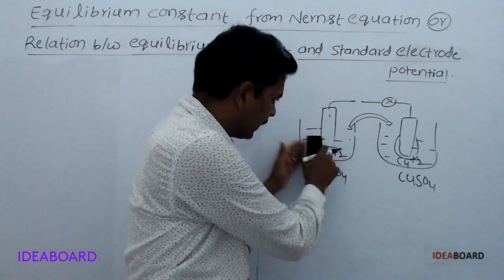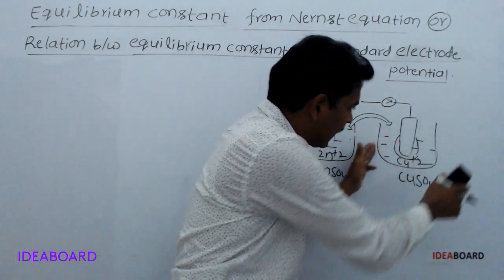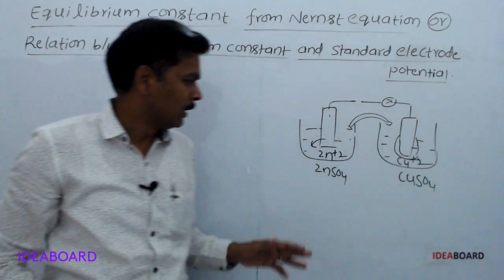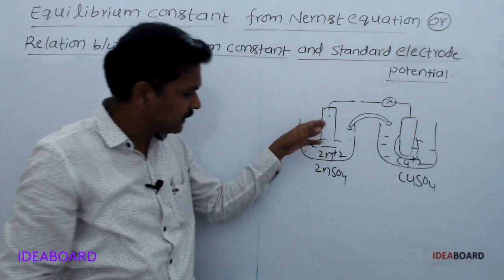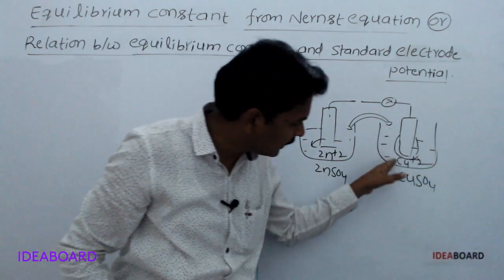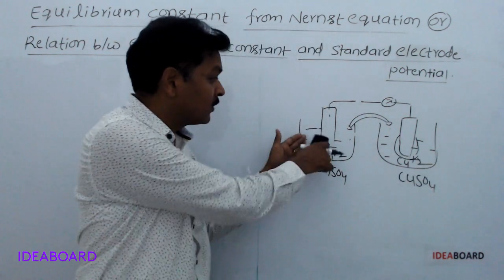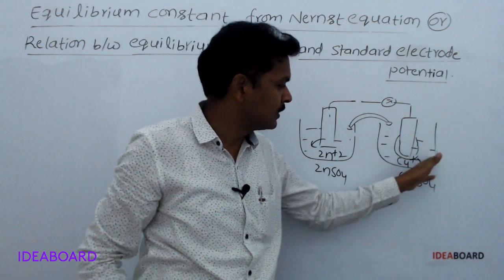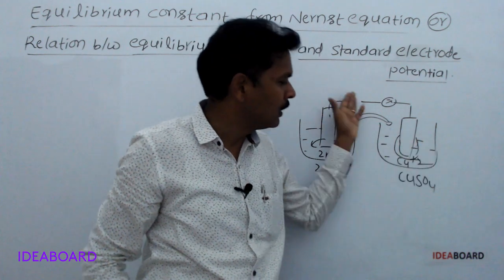This single electrode has electrode potential. Even this single electrode has electrode potential. Due to increase in the concentration of zinc ions and decrease in the concentration of copper ions, electrode potentials of two half cells or two electrodes keep on changing.